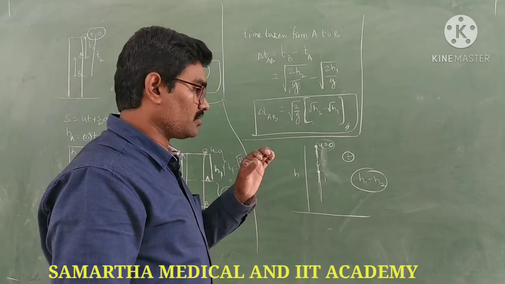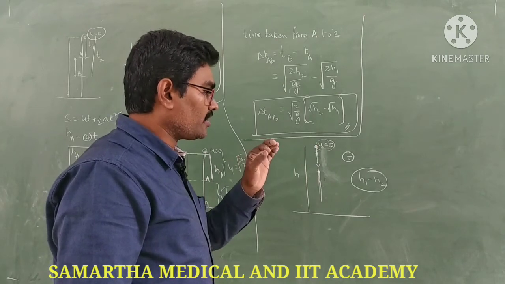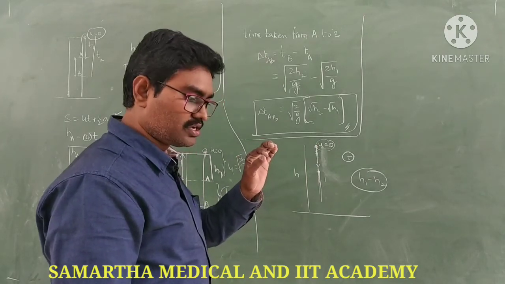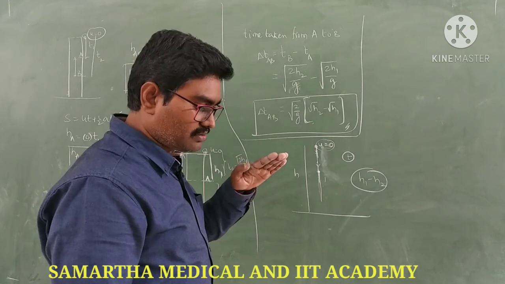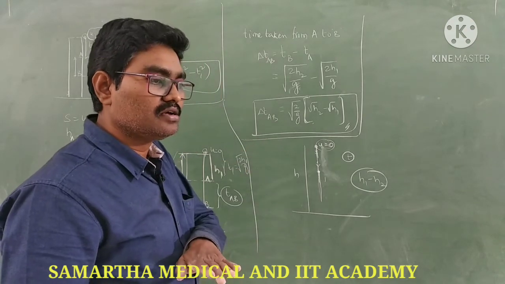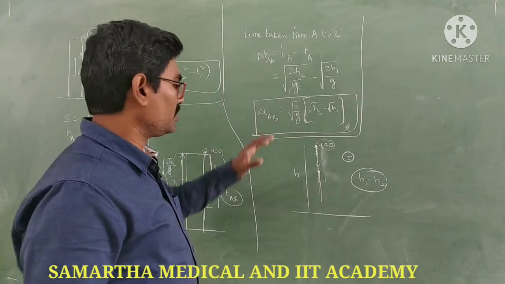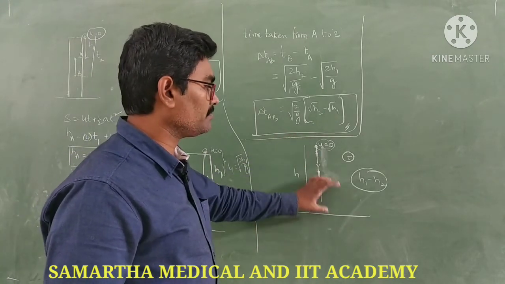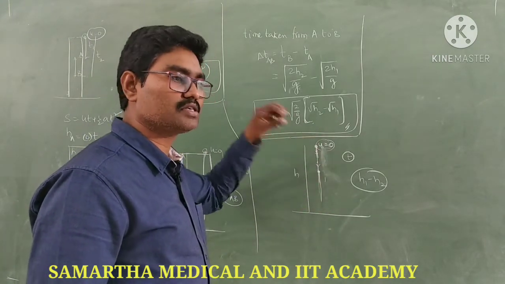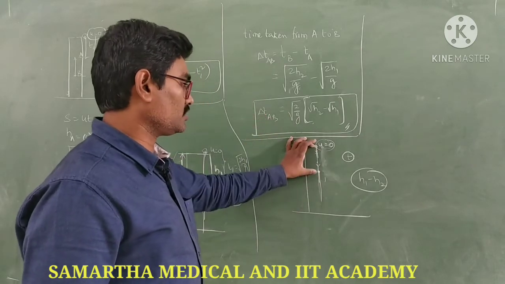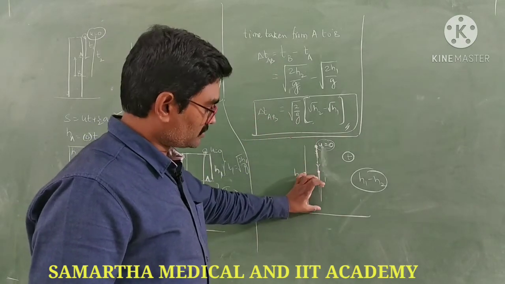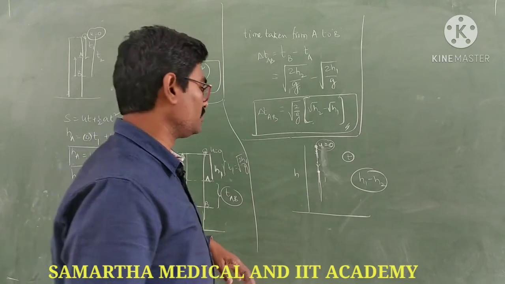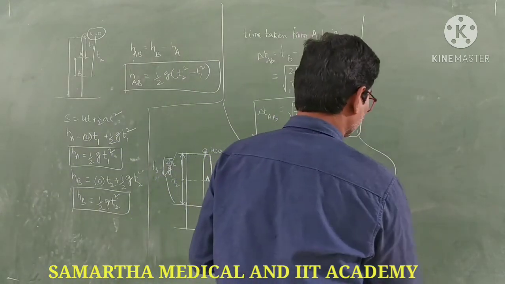Whatever distance you notice between the second body's dropping position and the first body's position, the same distance will be maintained until the first body reaches the ground, because both bodies have the same acceleration due to gravity. That is another application. Next.